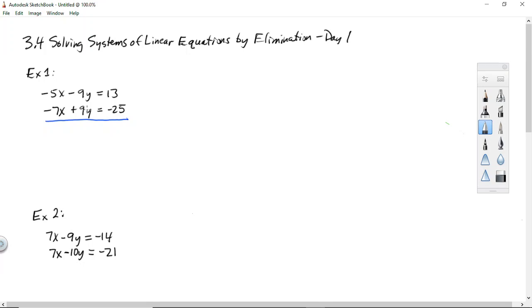There will be no y term, so the only variable will be x, and we'll solve for x. Then we can plug that x into one of those two equations and solve for y, because at that point the only variable will be y. And then we will have our ordered pair (x, y) that makes both of these equations true.